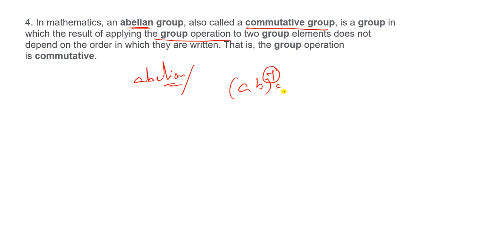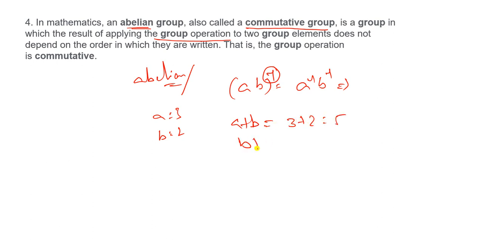If there is no change in the value, then we can say that the group is an abelian group or commutative group. So here A inverse, B inverse, there is no change in the values. For example, take A plus B. For example, A equals 3, B equals 2. So A plus B means 3 plus 2 equals 5.